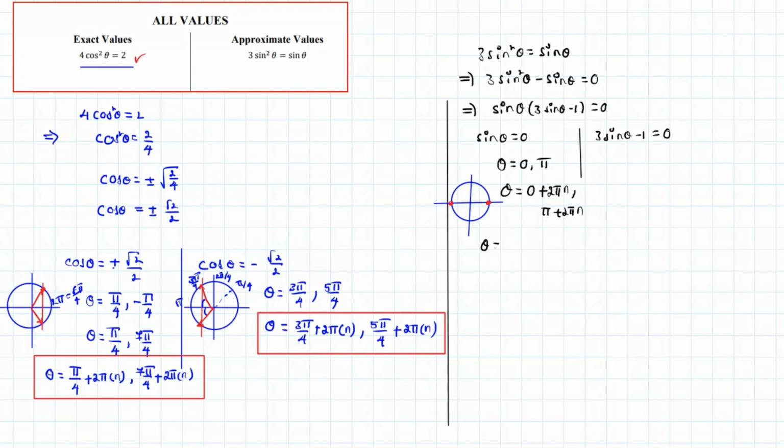Before that, let's make a unit circle here. Sine is related to the y-axis, so draw y equal to 1/3 here. We have two solutions, in the first quadrant and the second quadrant.